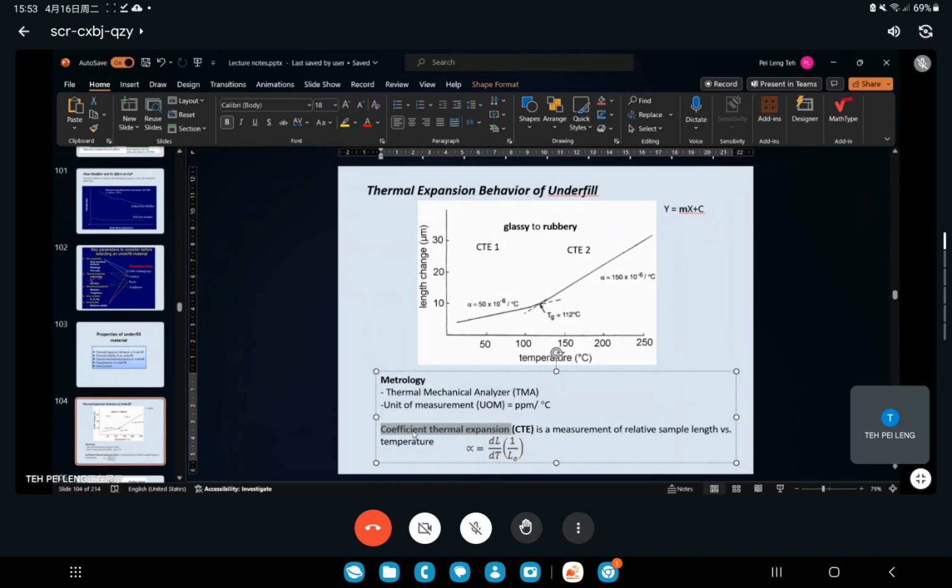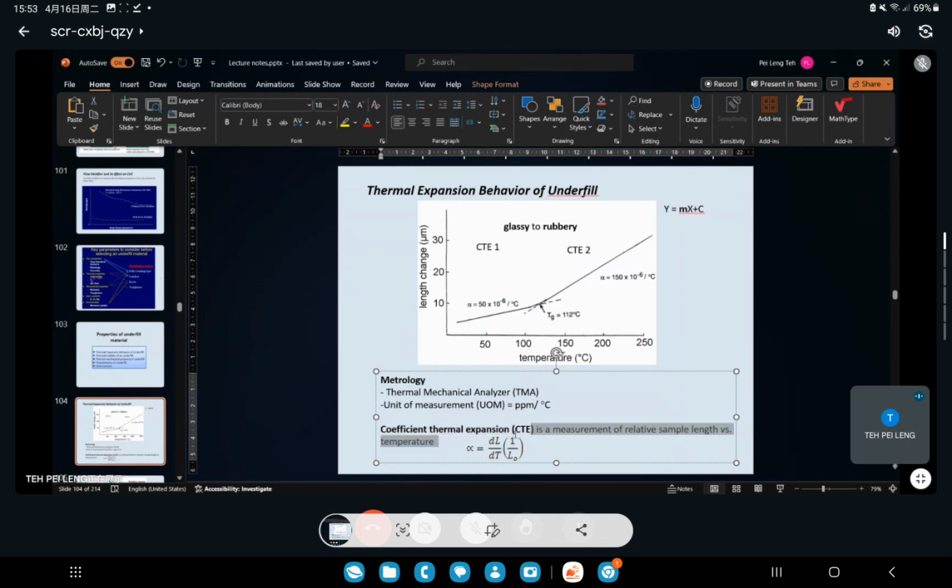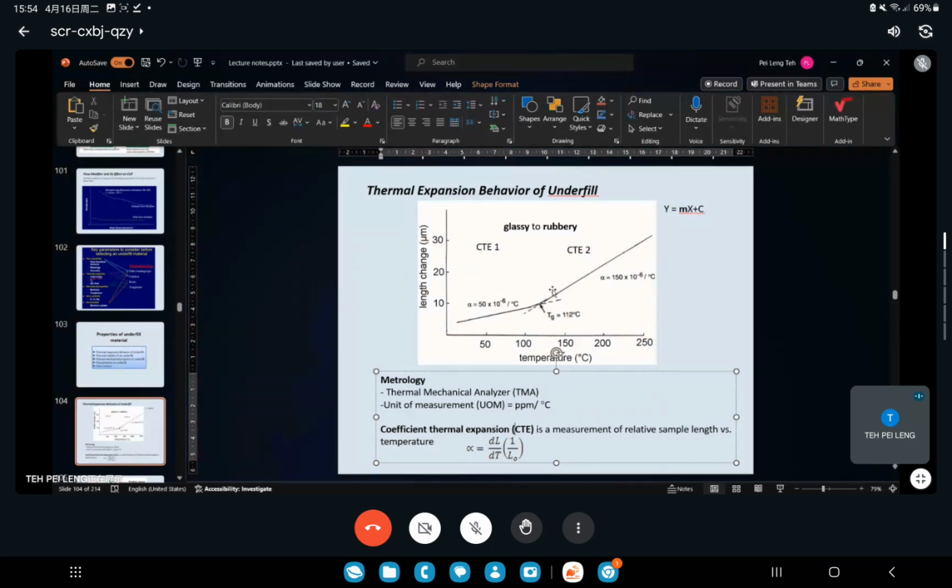I think this is something new to you. So coefficient of thermal expansion. Normally it is represented by CTE. So CTE normally for polymer must have CTE 1 and CTE 2. This CTE 1 and this CTE 2 have different values.